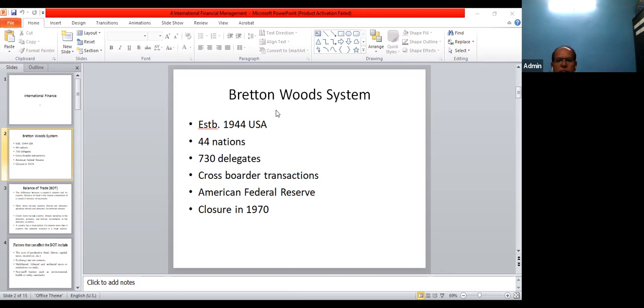First, prior to that, the gold standard existed at a world level. After the gold standard came the Bretton Woods system, and after the Bretton Woods system, the new concept, that is World Bank and IMF, came.